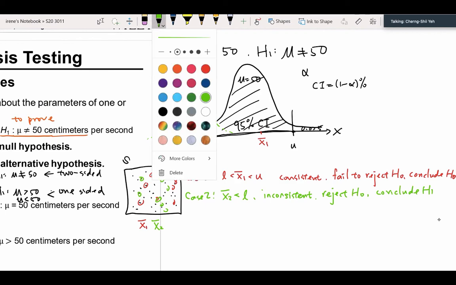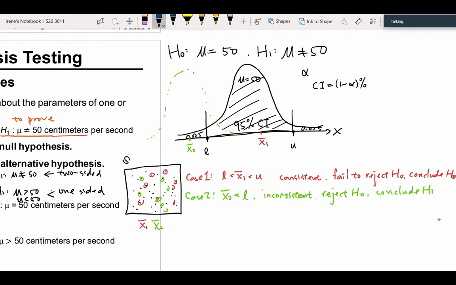Okay, let's give you a third case. Here are the samples I've collected. That's my X3, and that's the location of my X3. Case number 3. My X3 is even greater than the upper limit of my confidence interval. Is it consistent or inconsistent?